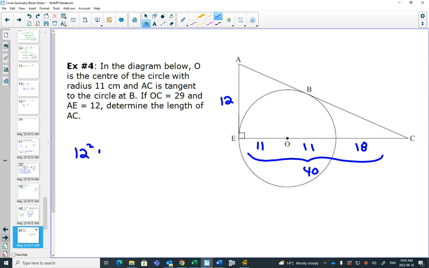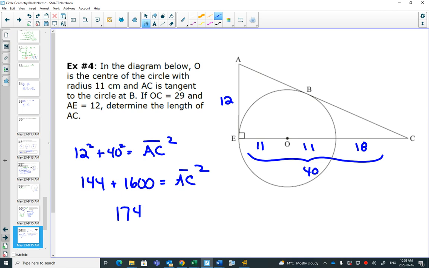I can go 12 squared plus 40 squared equals AC squared. 12 squared is 144. 40 squared is 1600. Add them up and we get 1744, which doesn't work out nicely.